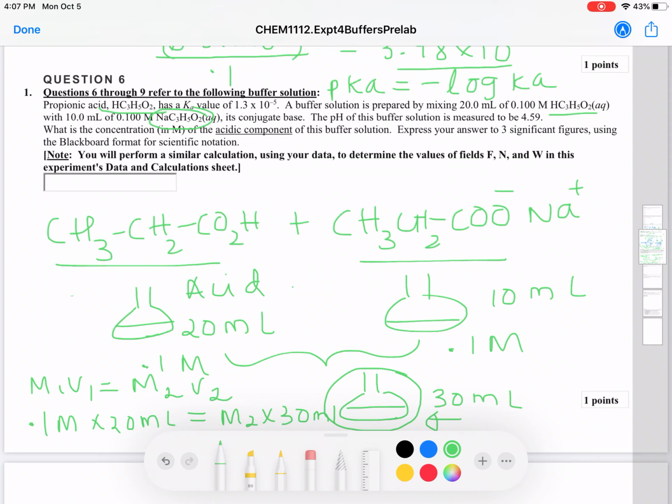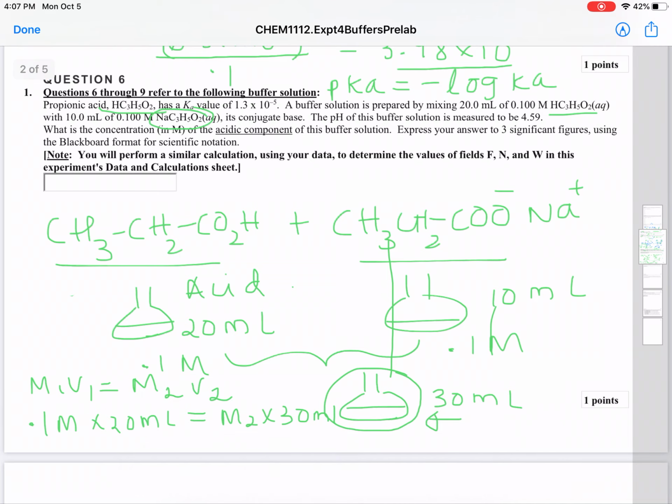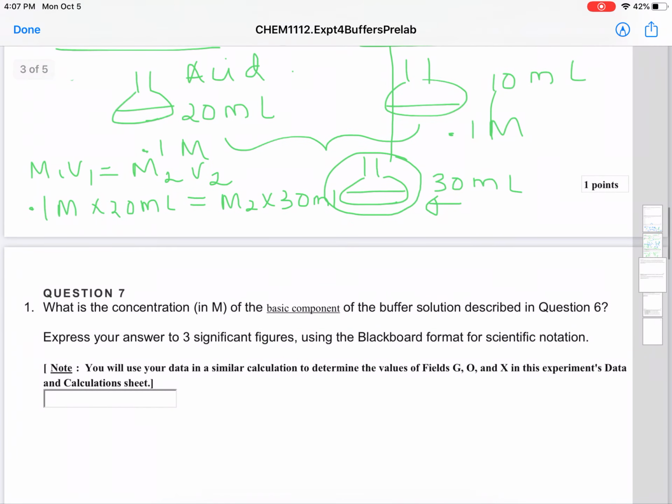What's the answer you're going to get when you do that? That will be something like 0.0667. Again, check to make sure I did the calculations correctly. Okay, and if I make a mistake, it's your fault.